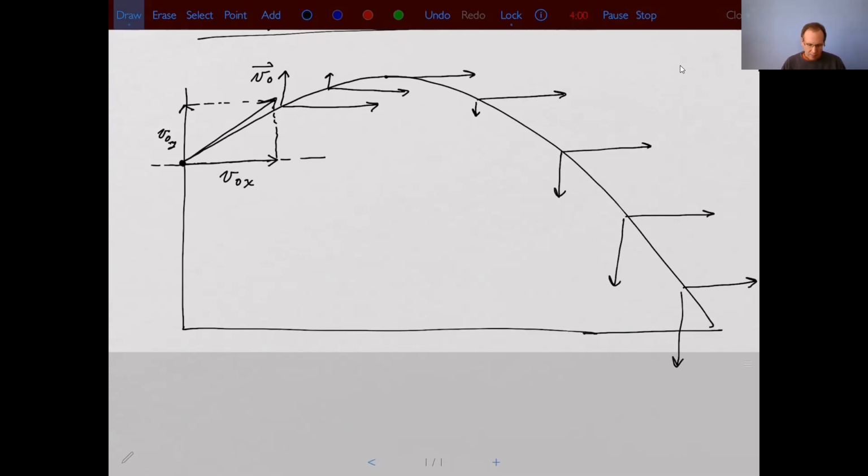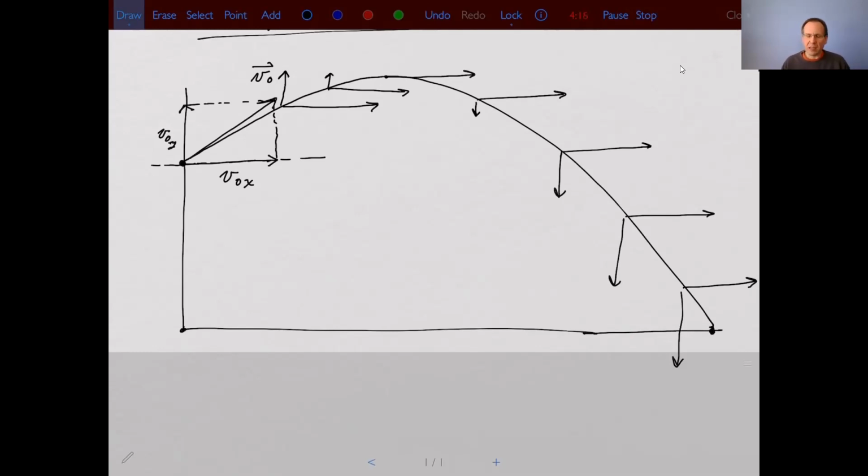Okay, so if I look at this, certainly this distance right here, from here to where the ball lands, that is some particular horizontal displacement between those two points.